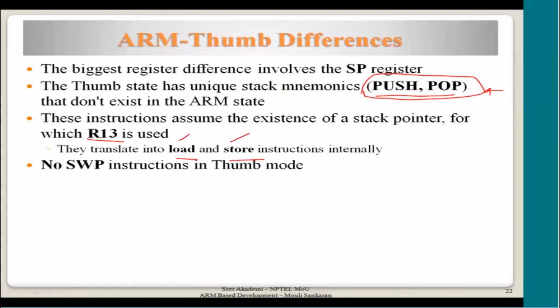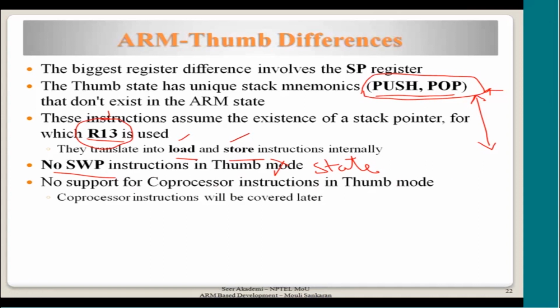When we talk about the instructions, I will explain more in the next section, but remember that stack operations assume R13 as the stack pointer. And there are no swap instructions in thumb state.